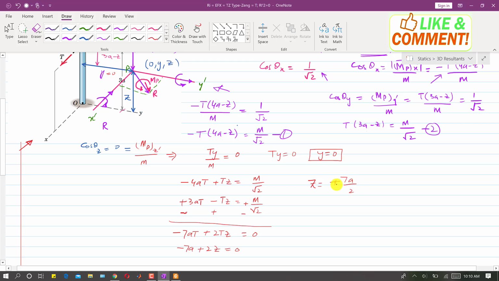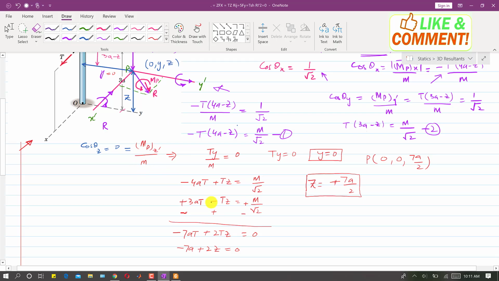So this is that z coordinate in terms of the a dimension, right? The complete coordinates of that point P are 0, 0 and 7a divided by 2. So this is that z coordinate in terms of a, which was required, right?